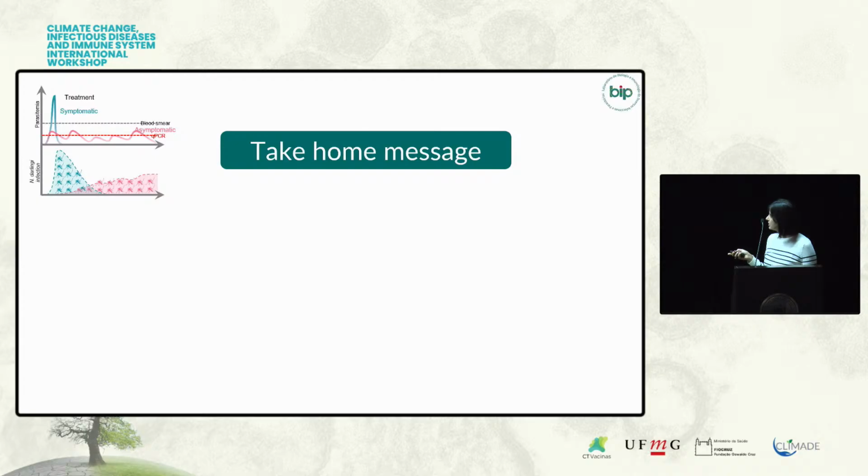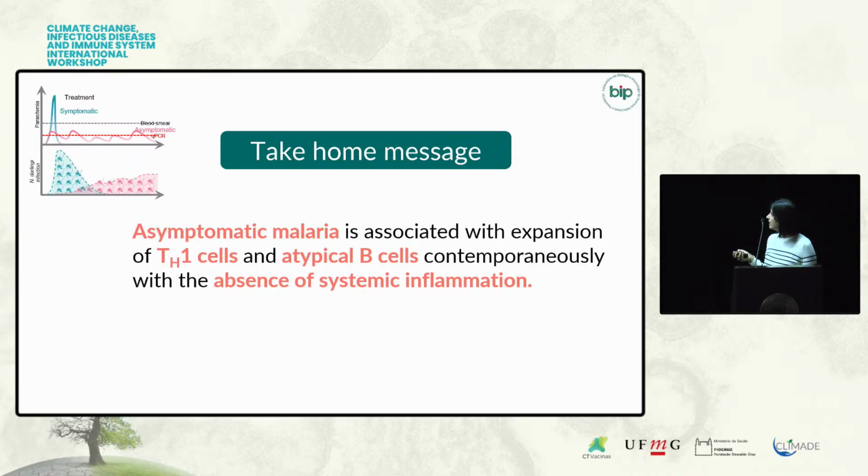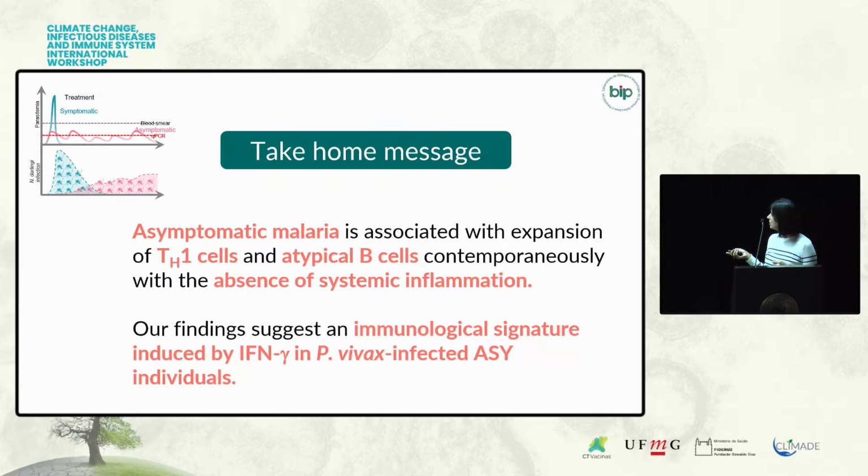And second, asymptomatic malaria is associated with the expansion of TH1 cells and atypical B cells contemporaneously with the absence of systemic inflammation. So our findings suggest an immunological signature induced by interferon gamma in Plasmodium vivax infected asymptomatic individuals.